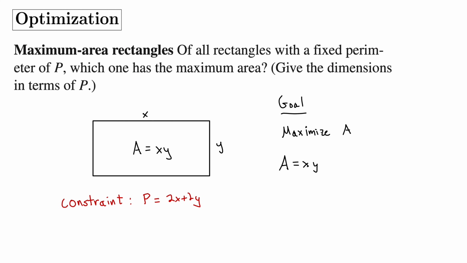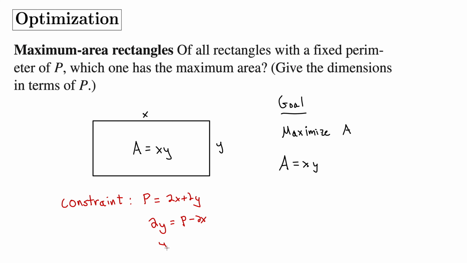Let's solve that for y. Remember, now P is a constant, right? How do I know it's a constant? Well, it says fixed perimeter P. So that tells me that P is some fixed number. We're just going to leave it in terms of P, but it could be 5, it could be anything here. So let's solve for y in terms of P. We have 2y equals P minus 2x.